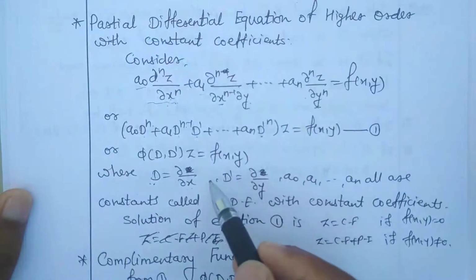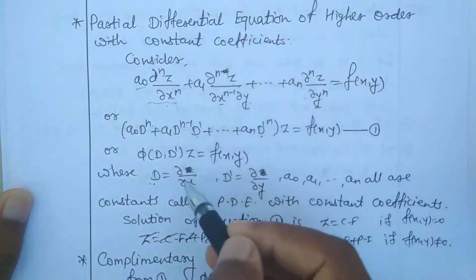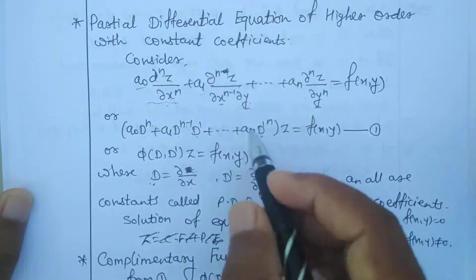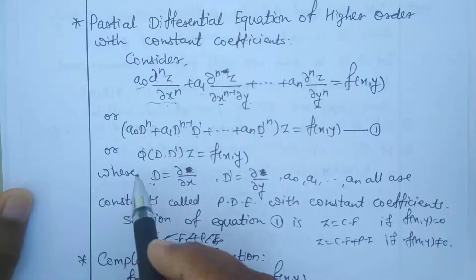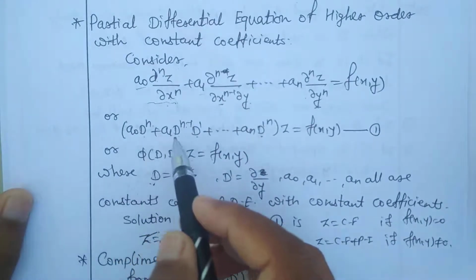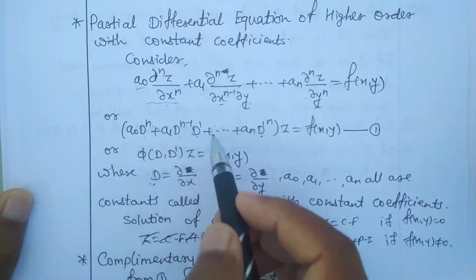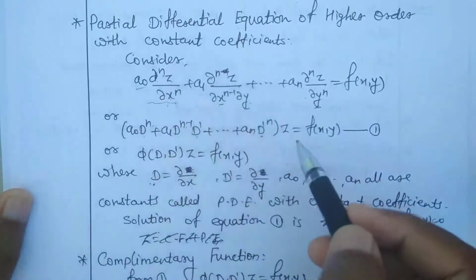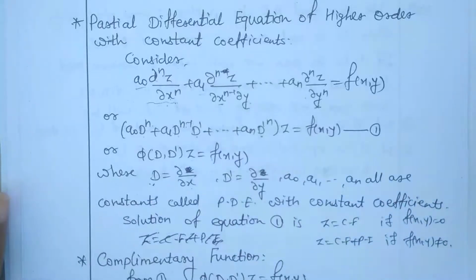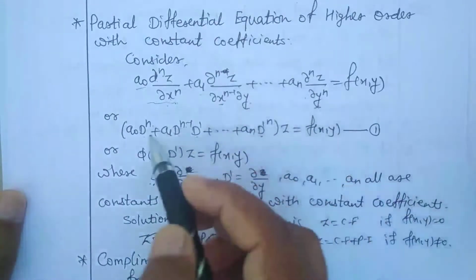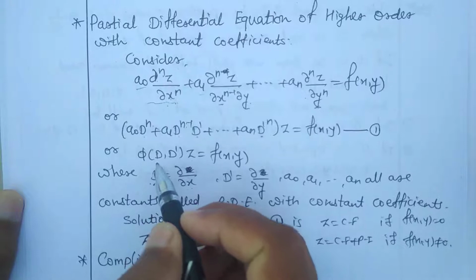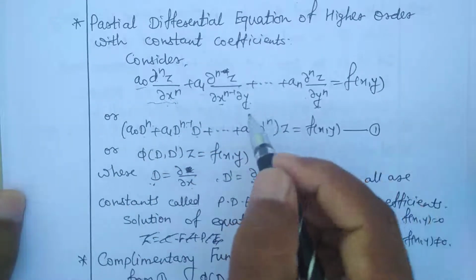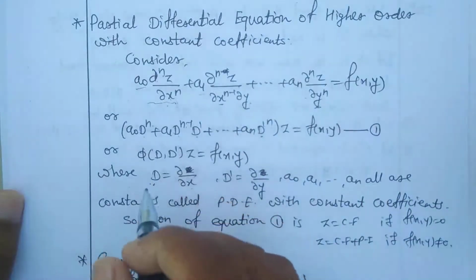So you can write this differential equation after putting ∂/∂x equal to capital D and ∂/∂y equal to capital D dash. You will get this type of equation: (a0 D^n + a1 D^(n-1) D' + ... + an D'^n) z = f(x,y), with z as common. Now this can also be written in a simple format as φ(D, D') z = f(x,y), because whatever the function in the bracket, it is a function of capital D and D dash.